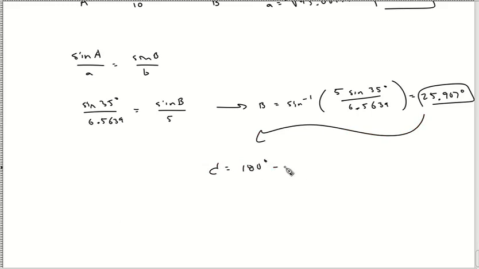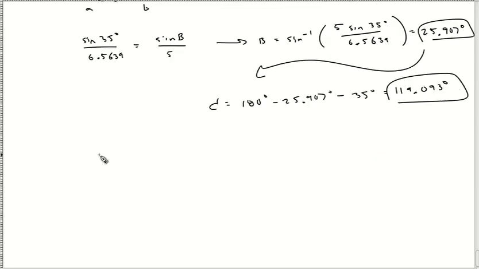And here it is possible. Altogether, 119.093. And there it is. So, law of cosines, do it first, and then after that, use law of sines.